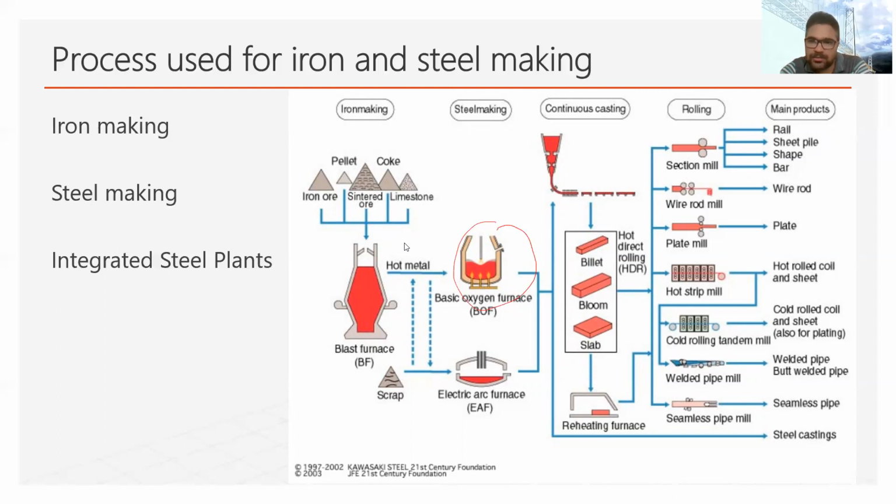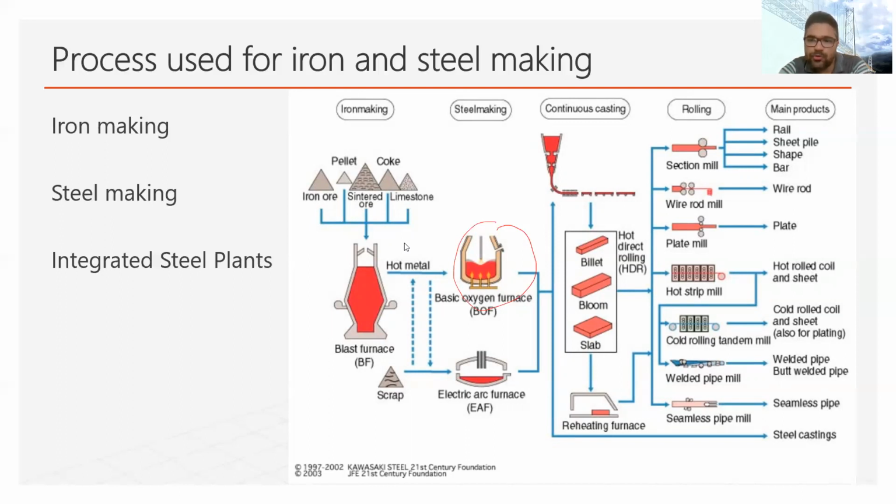So now you will understand the difference between steel and iron. Iron is basically the molten material which we get from the blast furnace. Now if we want to convert this iron into steel, we have to reduce the carbon content in a controlled manner, and this process is called the refining process.